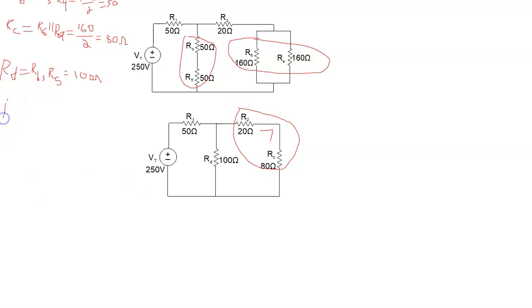Okay, so RE then is equal to R2 in series with RC, and we have 20 ohms plus 80 ohms, 100 ohms.